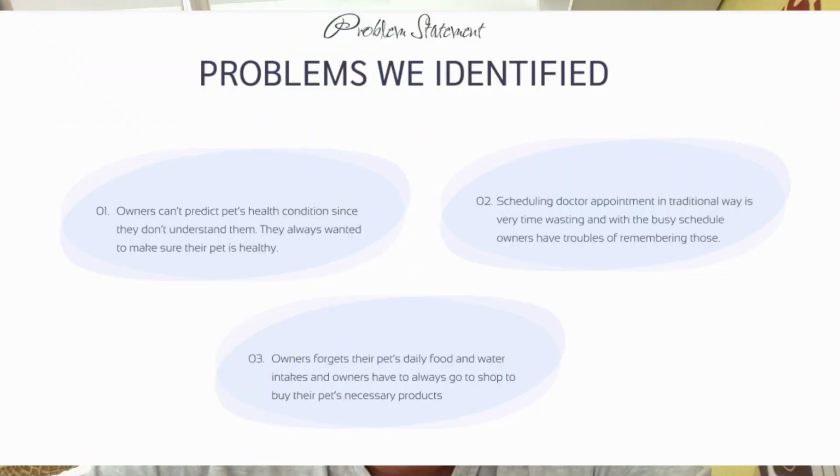If you look at this, they have identified three problems. One is owners can't predict pets' health conditions since they don't understand them. They always want to make sure their pet is healthy. Number two, scheduling doctor appointments in the traditional way is very time-wasting, and with a busy schedule, owners have trouble remembering them.